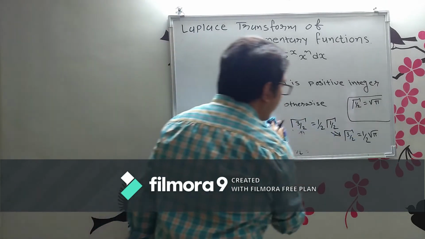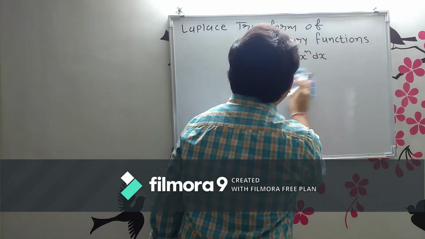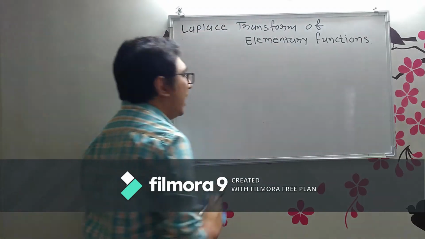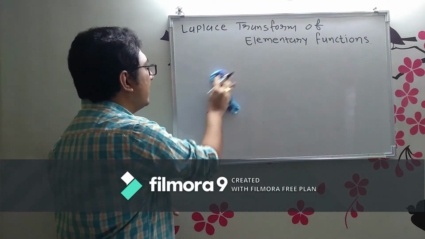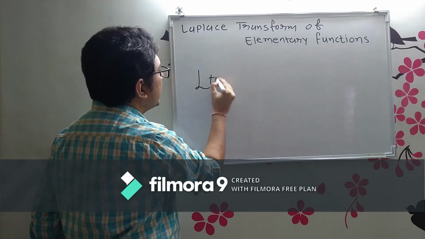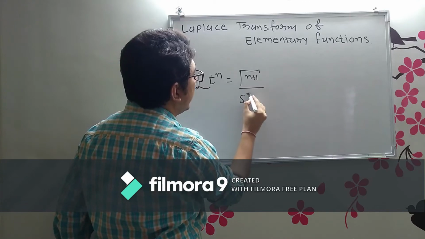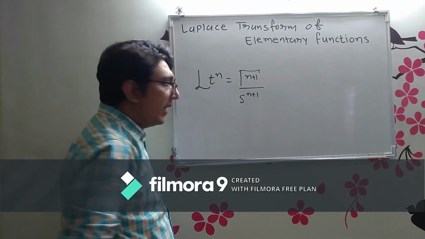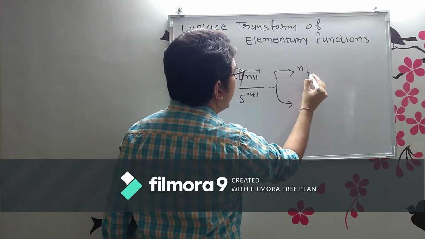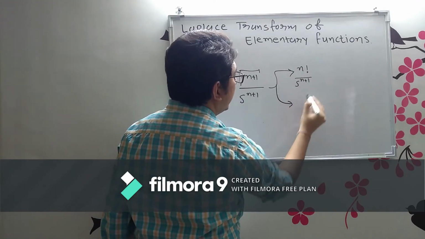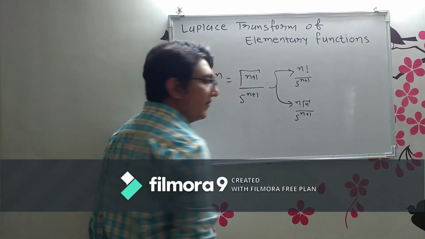Okay, so what is the formula of Laplace of t raised to n? Once again I am asking you, what is the formula? Laplace of t raised to n is gamma n plus 1 upon s raised to n plus 1. Okay, and this means you have two answers: n factorial upon s raised to n plus 1, or gamma n upon s raised to n plus 1.